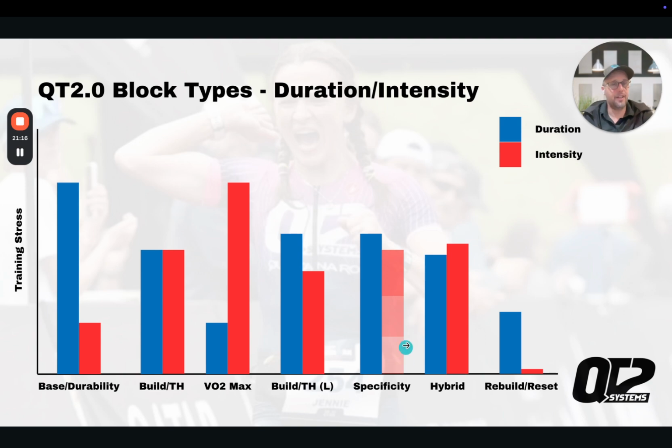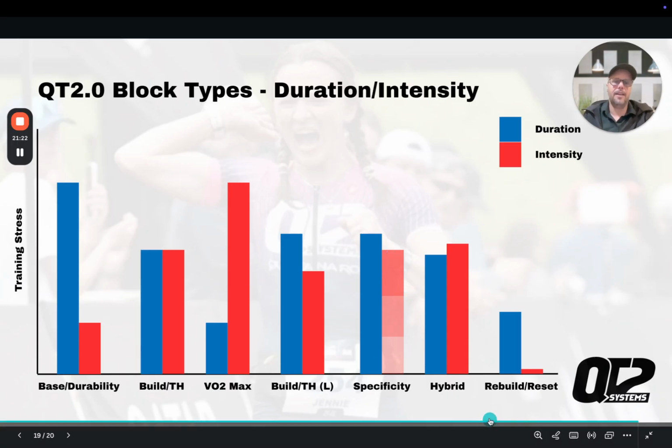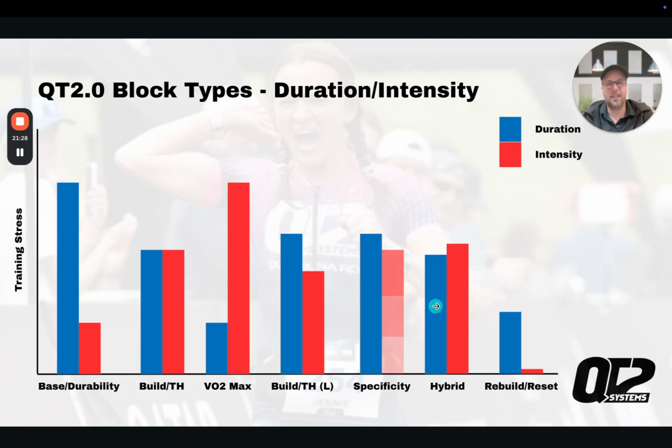Training for a half Ironman, it will be a bit higher. Training for an Olympic, it'll be pretty high. And then during a hybrid block type, we have plenty of intensity. We also have plenty of duration. And that is pretty similar to a build threshold block with plenty of elements of VO2 max.